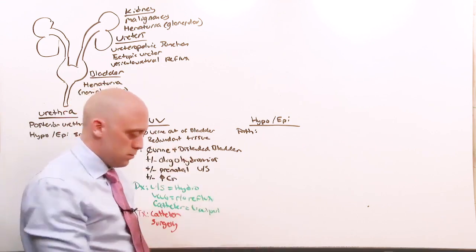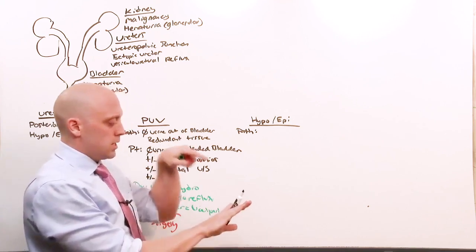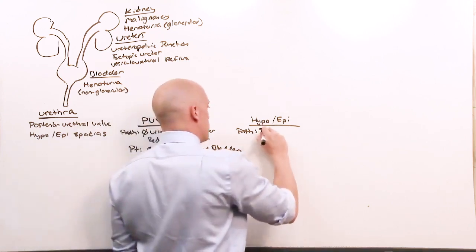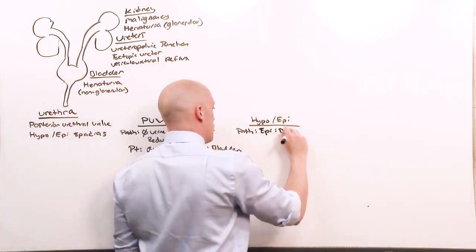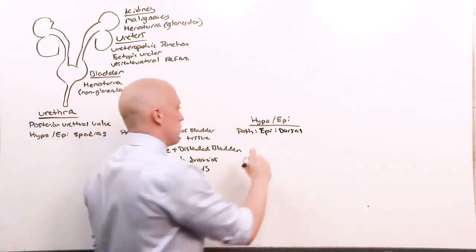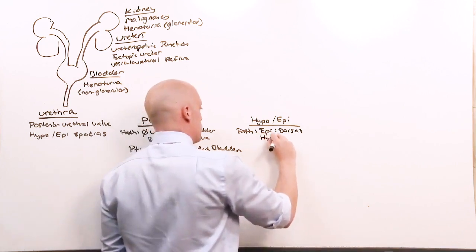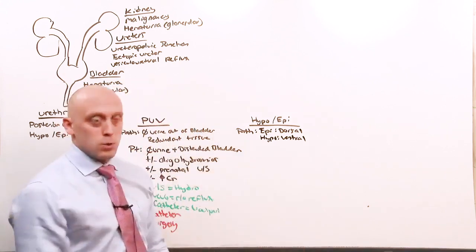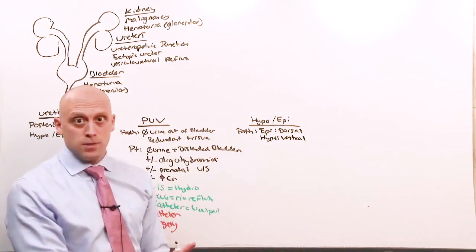Think of the erect penis, erect, on top, epi, dorsal. Hypo, bottom, ventral. If it helps you remember it, epispadias will cause the kid to pee in his own face.